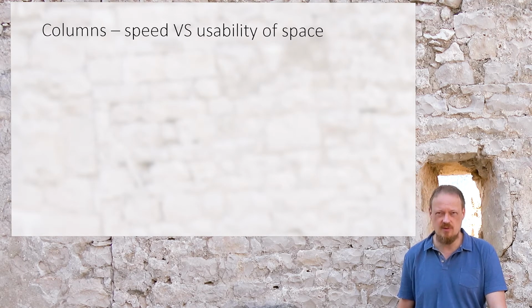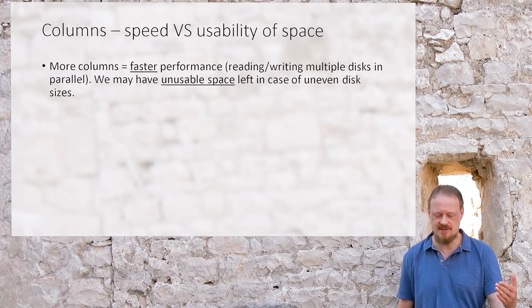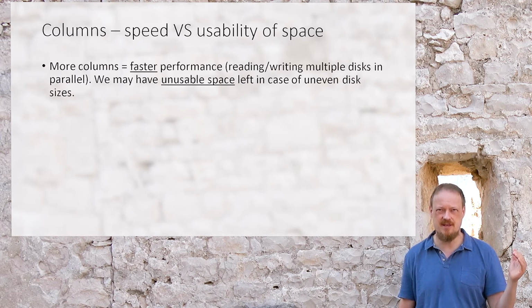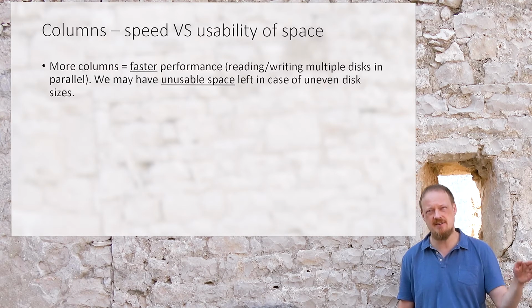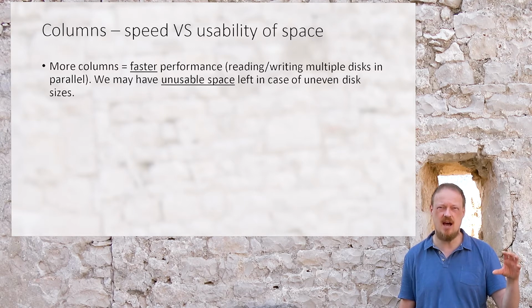So let's see how speed is affected by columns. If you have more columns, you get faster speed of that virtual disk. But then you have a bigger chance to have unusable space left. If you have uneven size of disks, then you have a bigger chance to have unusable space, which you cannot use with this virtual disk, if you have a high number of columns.